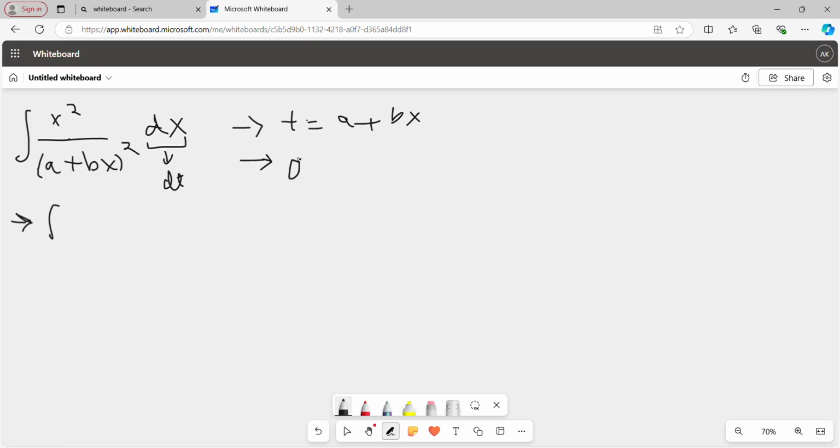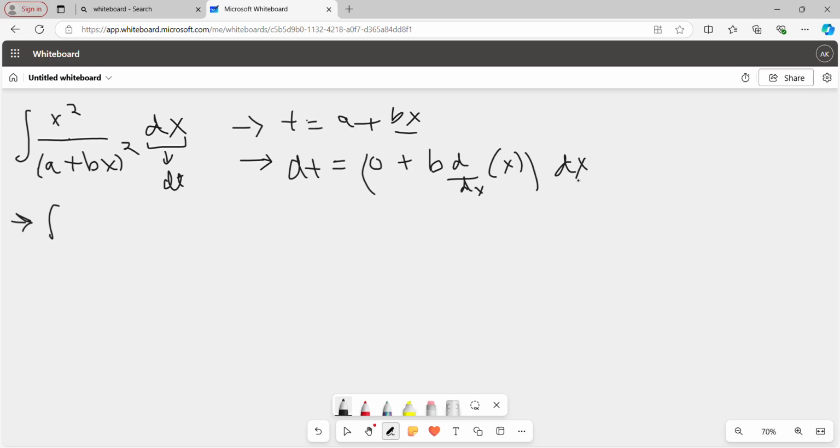So dt is equal to the derivative of a constant, which is 0, plus the derivative of x, which is b, times dx.